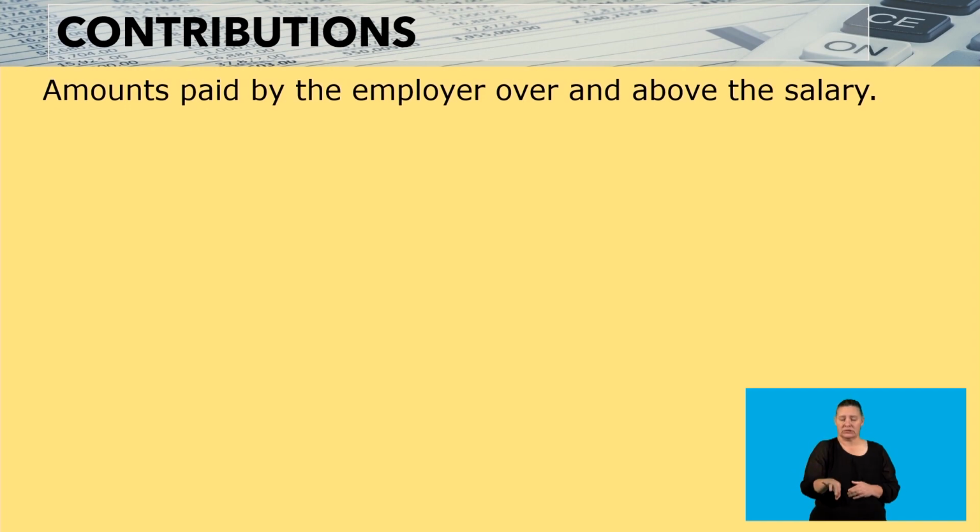Contributions. Now, when a company deducts from the employee, most companies will also contribute towards what they would have deducted from the employee. For instance, the Unemployment Insurance Fund. Remember, we dealt with a deduction of the Unemployment Insurance Fund.